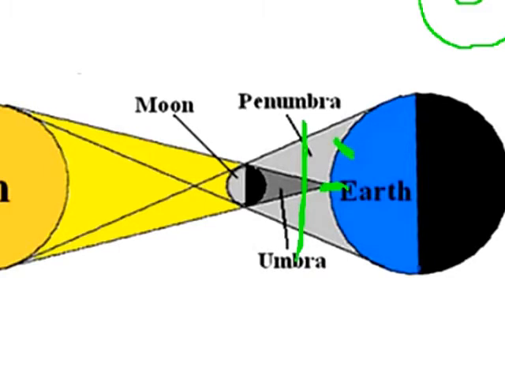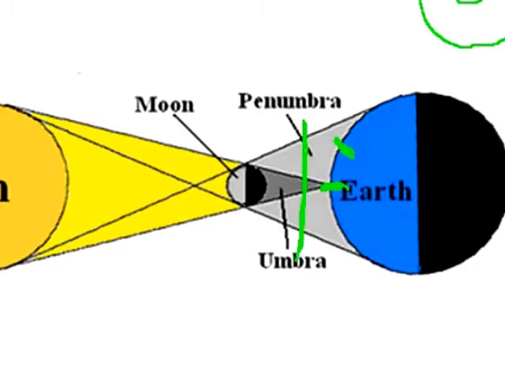If you're only in the penumbra, the outer part, you only see part of the Sun covered. The umbra gives you the total solar eclipse, and the penumbra gives you the partial eclipse.